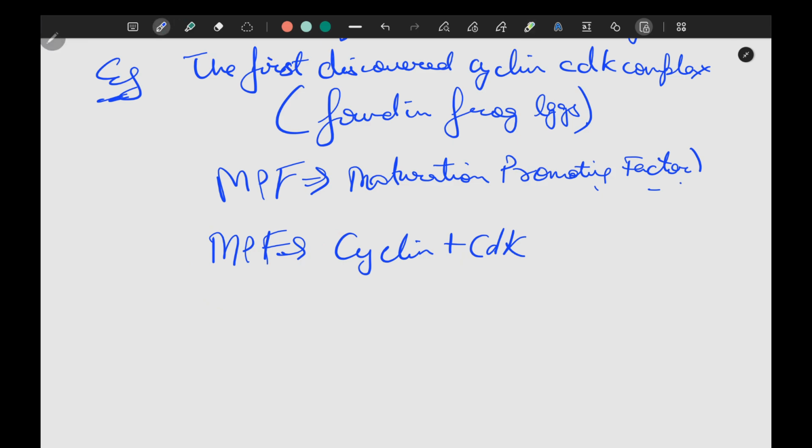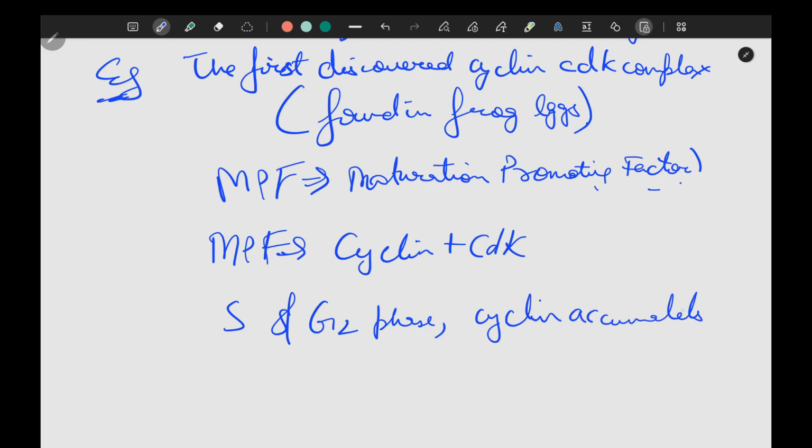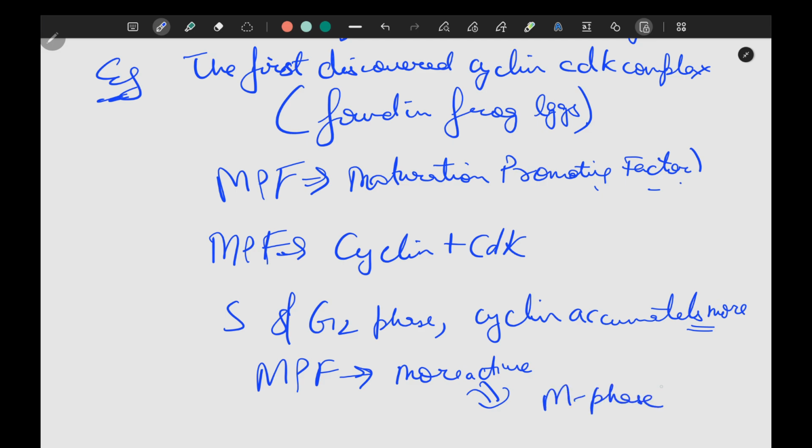Now in the cell cycle, in S and G2 phases, the cyclin accumulates to its highest. So MPF becomes increasingly active, and this helps trigger the cell to move to M phase, which is mitosis.